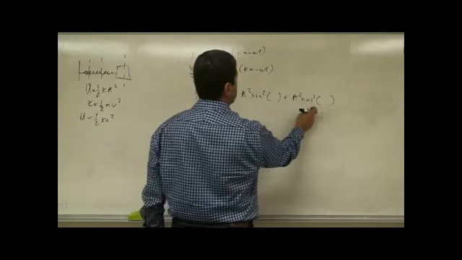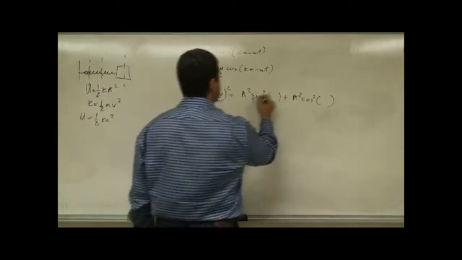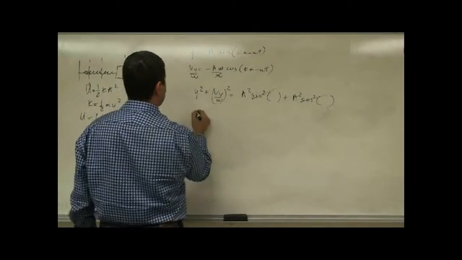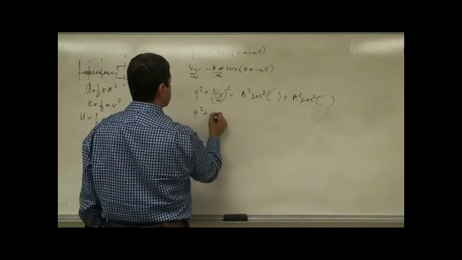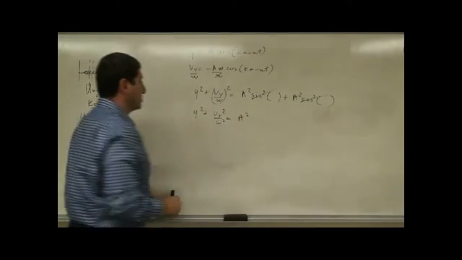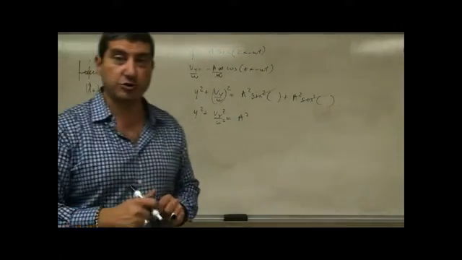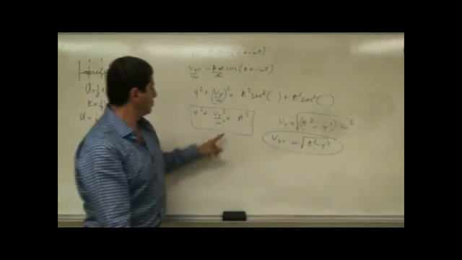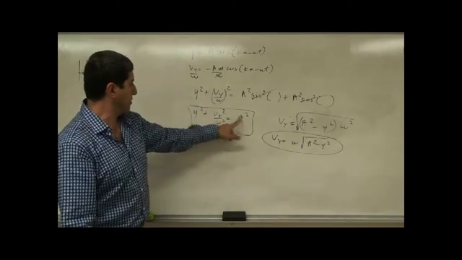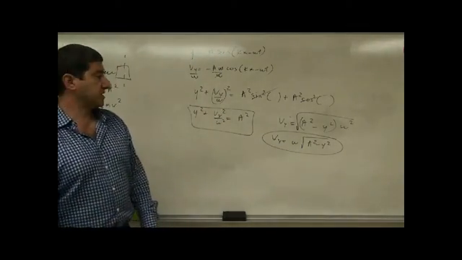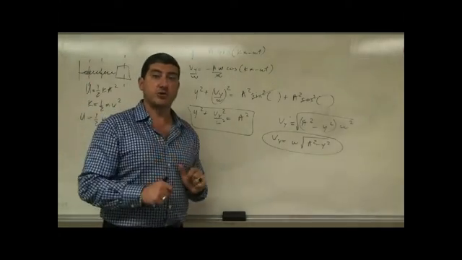Since sine squared plus cosine squared is 1, we notice that this is just equal to a squared. So y squared plus Vy squared over omega squared is equal to a squared. This is similar to the equation that I wrote up for the springs. Then all I need is to know the amplitude. Then I take this y and subtract, and this tells me what V sub y is for any value of y, right?